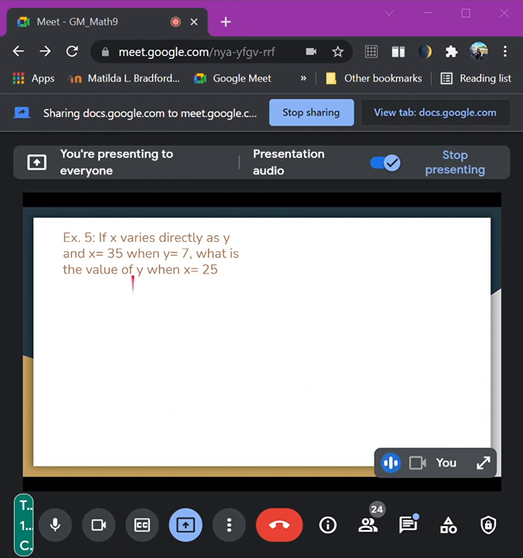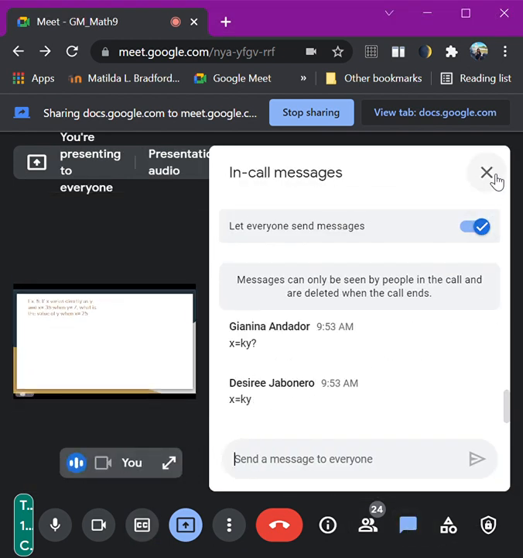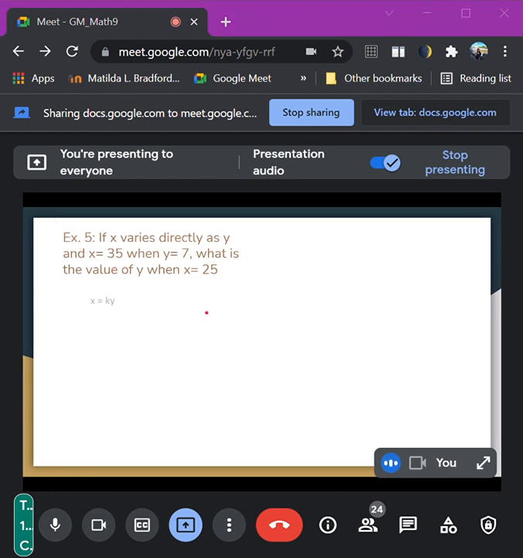So, we start with x varies directly as y. How are we going to write this in our equation? Okay, we have x is equals to k times y.